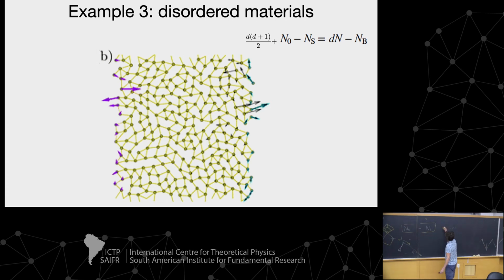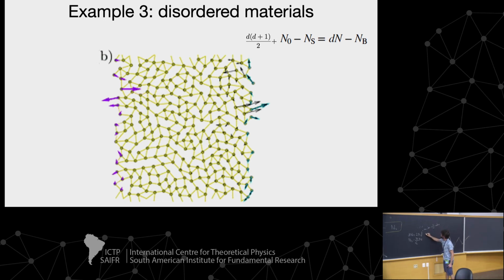And so typically, imagine you have a network that has n nodes. So dn here is equal to 2n, where n is the number of nodes. And for the number of constraints in a disordered lattice, you say that every node has on average z neighbors. So you can say that the number of constraints is actually z divided by 2, because each bond is shared by 2 nodes, times n. Right?